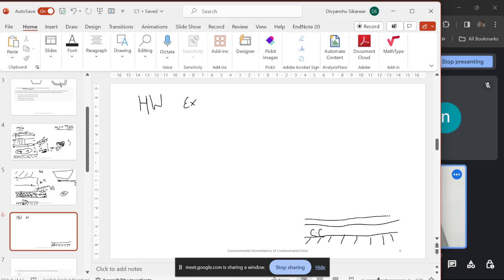And above this you have HDPE. After that you have a geotextile layer.